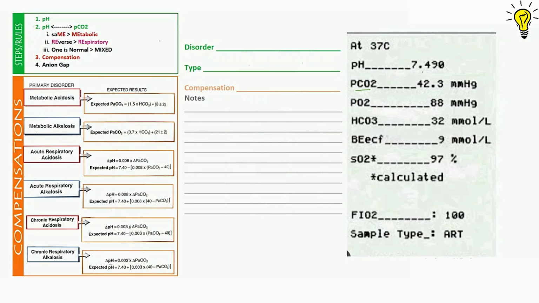Now the next 5 ABGs will be more about the mixed acid-base disorders. Remember we said that if either of pH or PCO2 is normal, then it is a mixed acid-base disorder. ABG 6. Step 1, pH is 7.49, so alkalosis. Step 2, direction of pH and PCO2. So while pH is upgoing, carbon dioxide is normal.